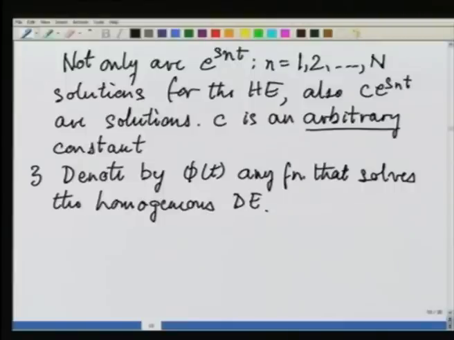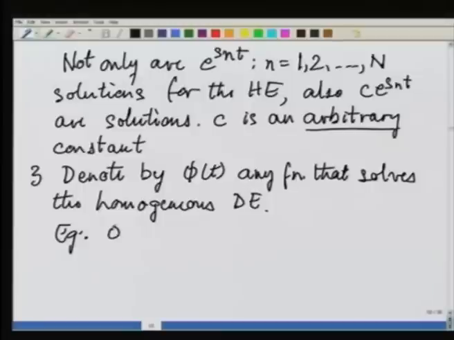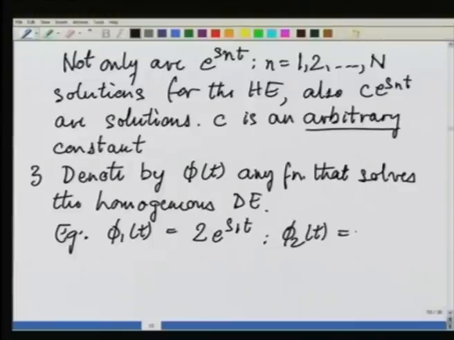I can have phi_1(t), I can have phi_2(t), I can have phi_3(t), each one different from the other. For example, I can choose phi_1(t) equals 2 e to the power S_1 t. I can choose phi_2(t) equals pi times e to the power S_4 t. Pi is a constant, an arbitrary constant, so I chose it to be pi.